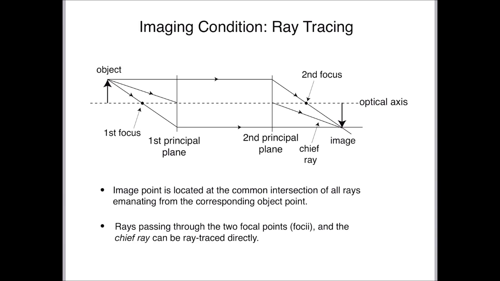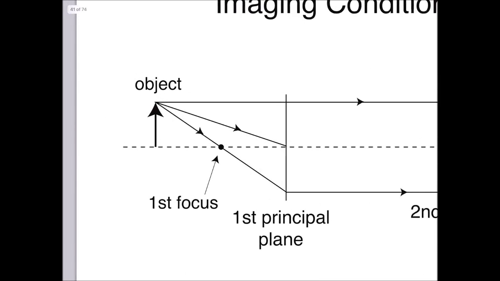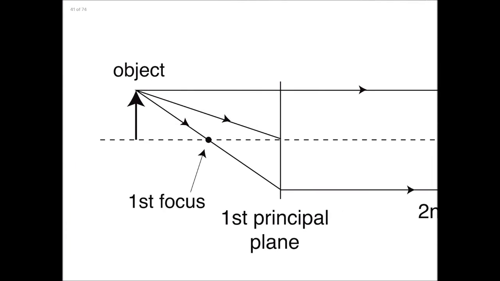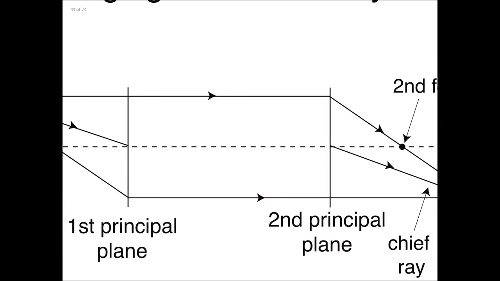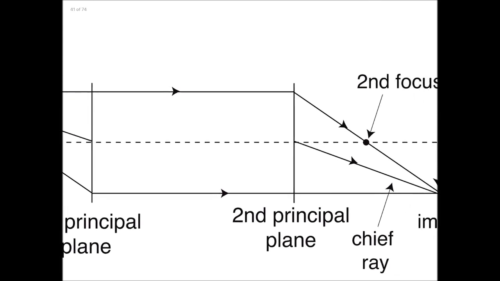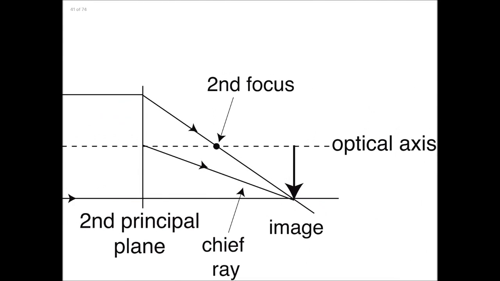In that case, we have this object on the optical axis with a finite height, from which different rays emanate, and they go through an optical system. It's not drawn over here because we can consider any optical system, and all the rays come back to a point and recreate something similar to the object, which is called the image.